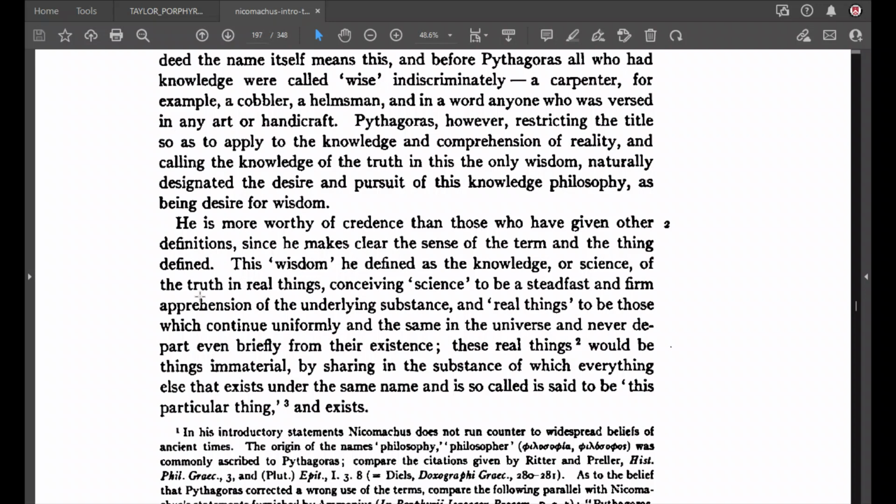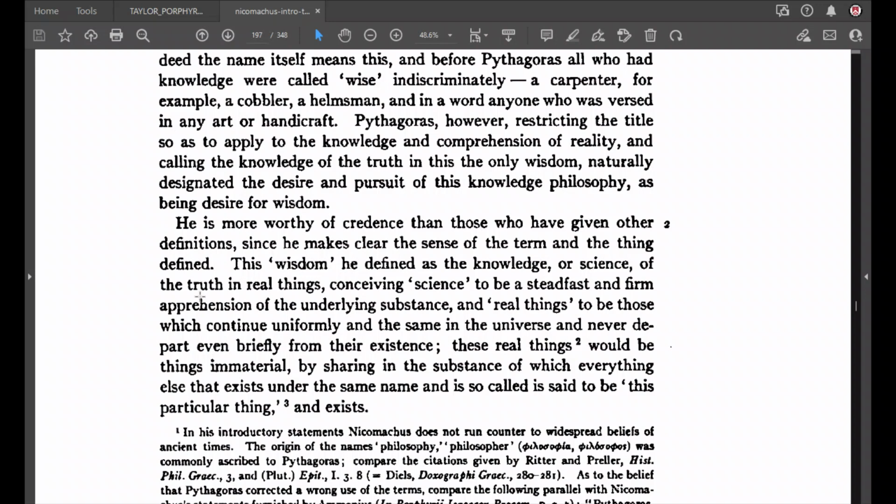Some people will define philosophy and it doesn't have anything to do with the word philosophy, which means love of wisdom. Only Pythagoras' definition actually made sense with the word itself. And therefore it says he is more worthy of credence than other philosophers and other definitions of philosophy.